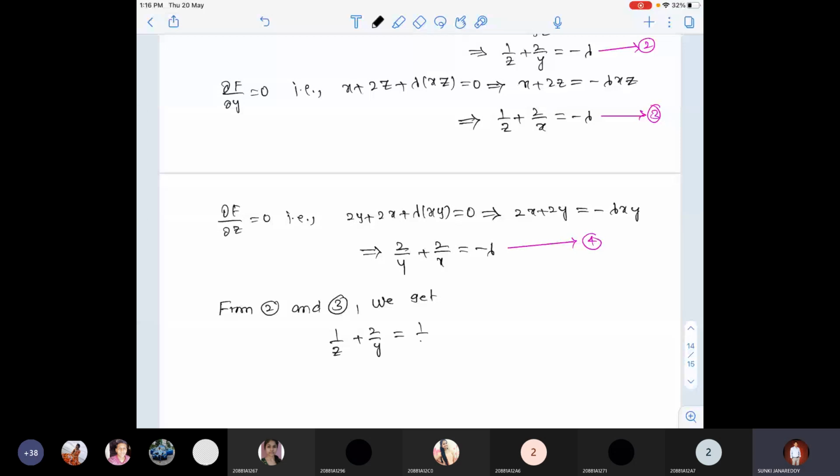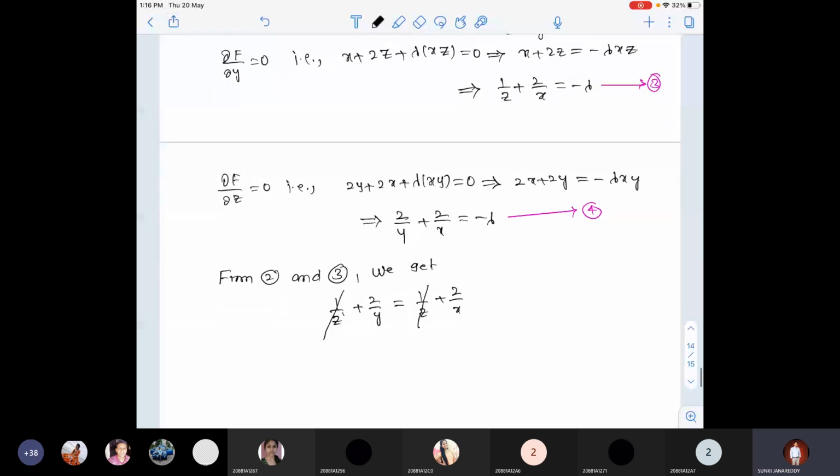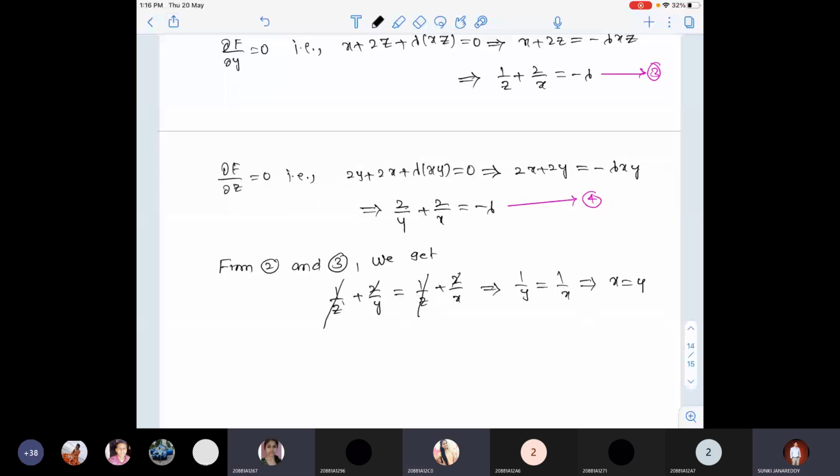Yes or no? Now 1 by z gets cancelled, 2 gets cancelled on both sides. That implies 1 by y is equal to 1 by x. Here we can write reciprocals of these. Then we get x equal to y, right? Here we got x equal to y.